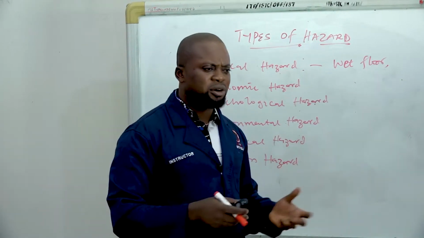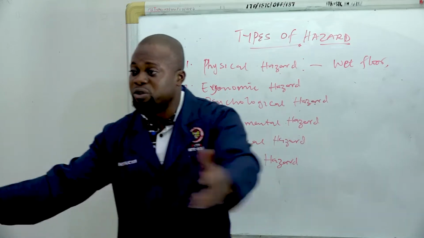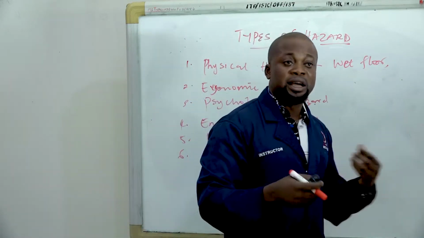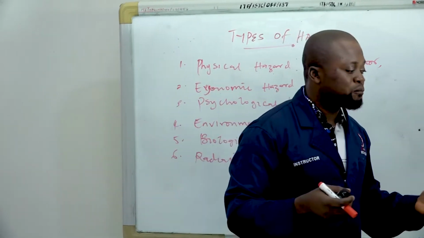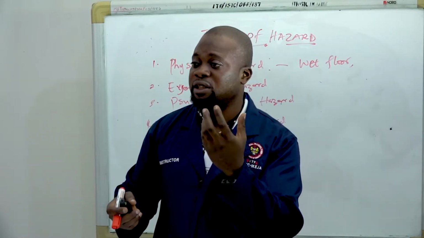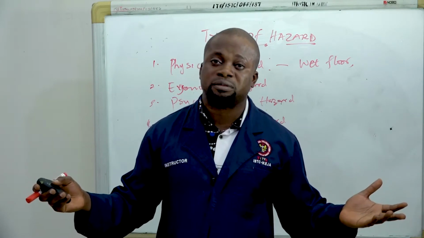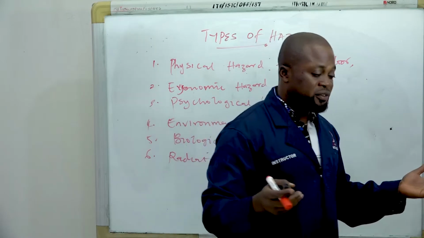Then you look at some hazardous substances around us, chemicals that can affect our health. As an electrical personnel, sometimes the sense of smell, if you don't have it, you can encounter problems. Not many of us have that.